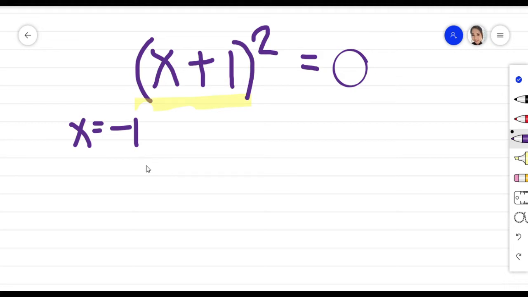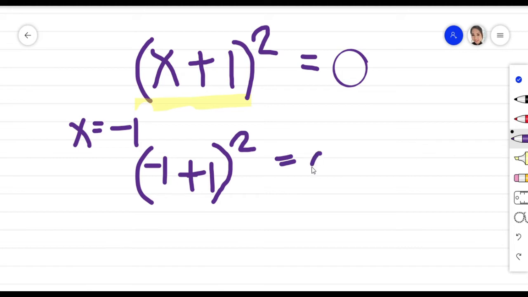So that is -1 plus 1, then raised to a power of 2 equals 0. Now, -1 plus 1 is obviously 0.